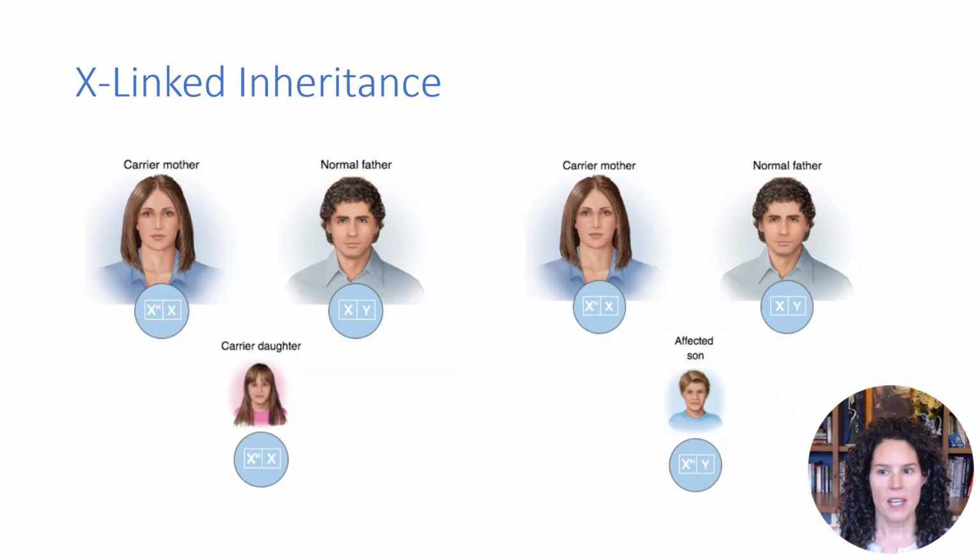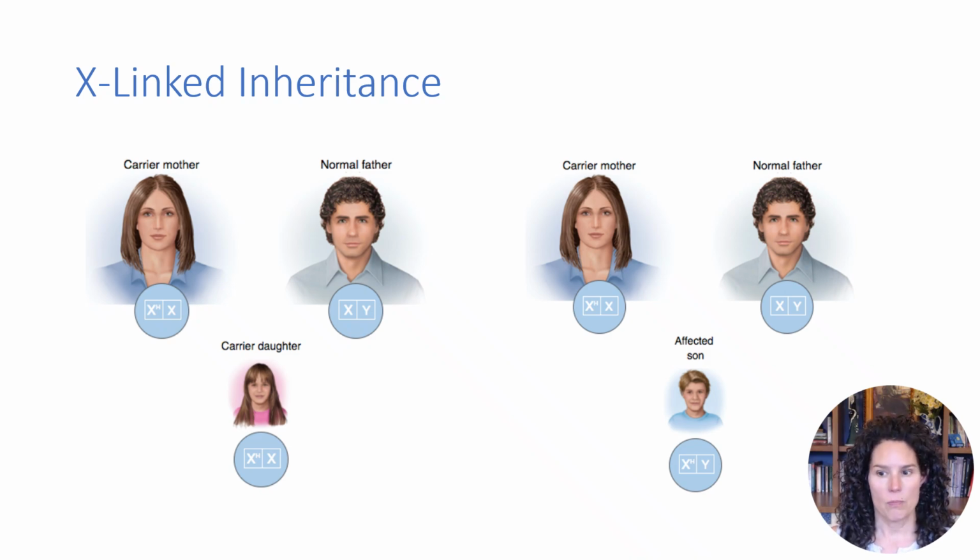Okay, so you can see here that we have a biological mother that is the carrier of a disease. And if she were to have a daughter who would have gotten her X, maybe gotten the X with the carrier on it, but then another X from her father, her biological father, she may not develop the disease, right?